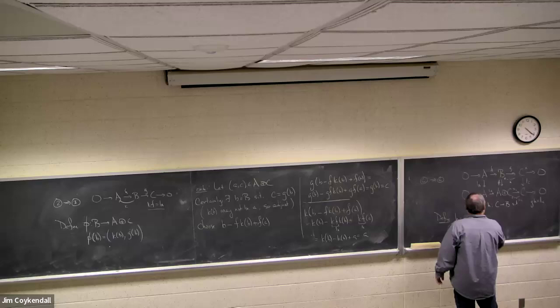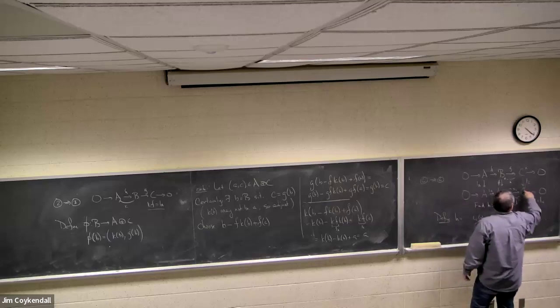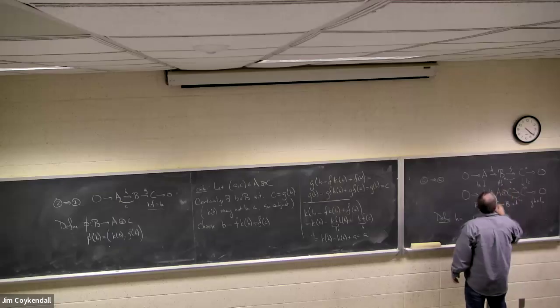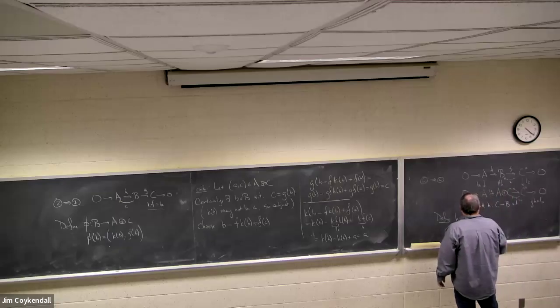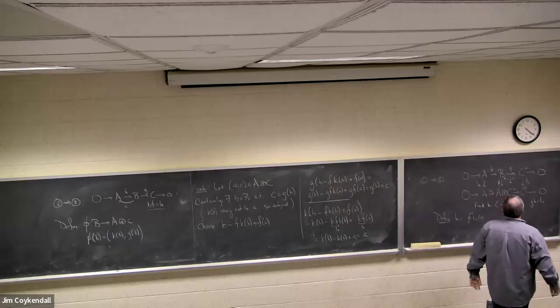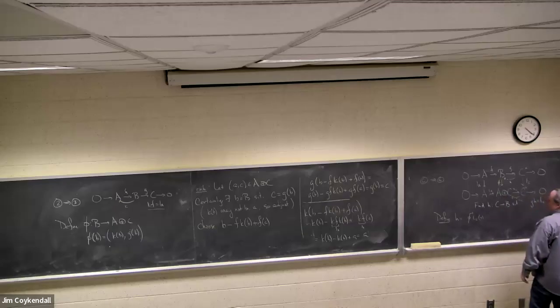X. So X, do the inclusion here, and then phi inverse. And see if that doesn't make that diagram commute, right?